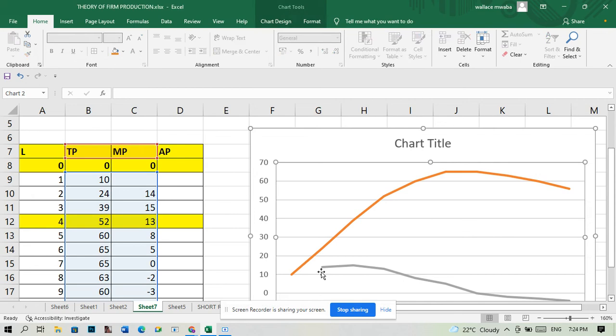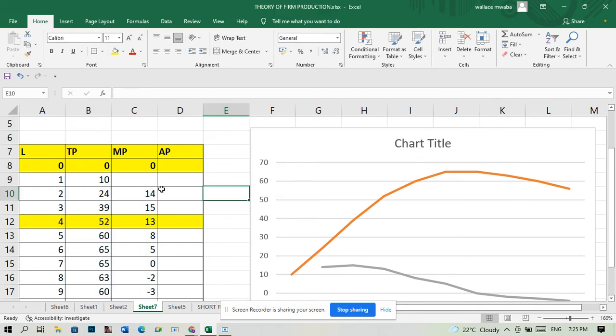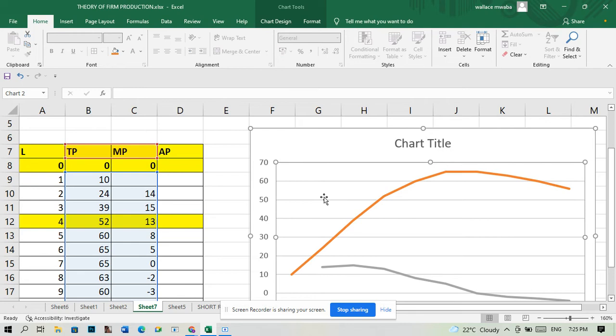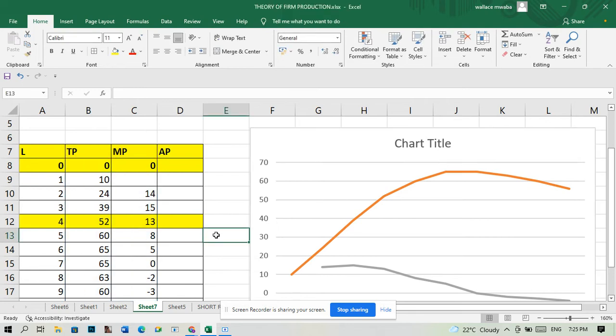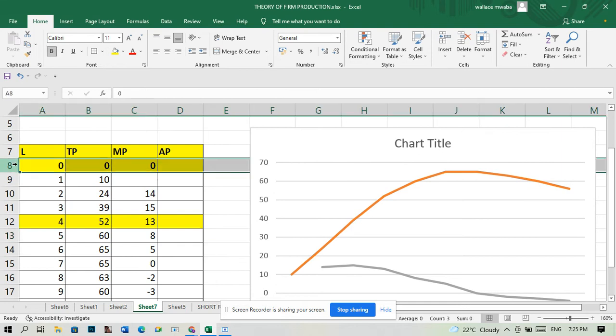Okay, these zeros are not really doing anything.